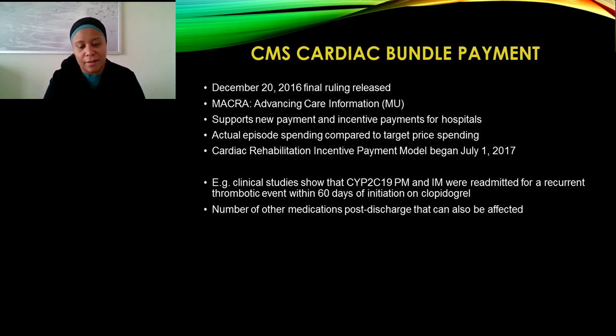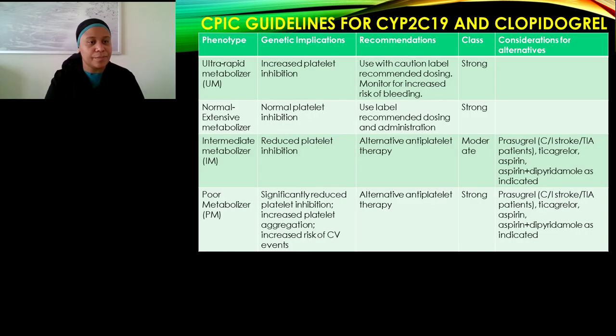So this is a very appropriate test. And even if these cardiologists are only interested in CYP2C19, this could really meet their incentives of reduced readmission with patients that are intermediate or poor metabolizers. And again, the CPIC guidelines would classify the patients and would give alternatives for the antiplatelet therapy.